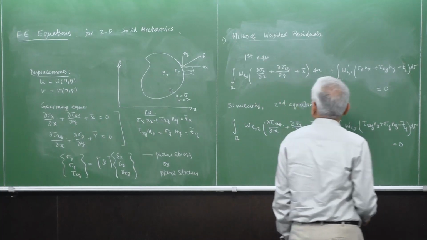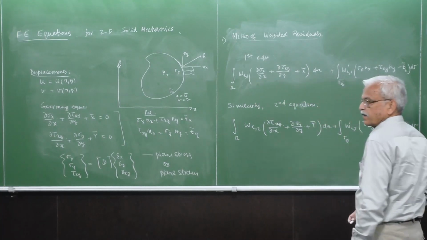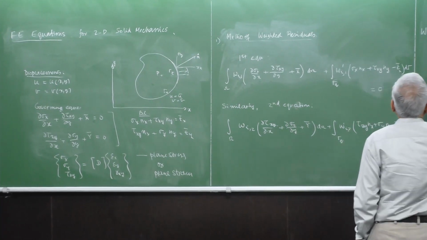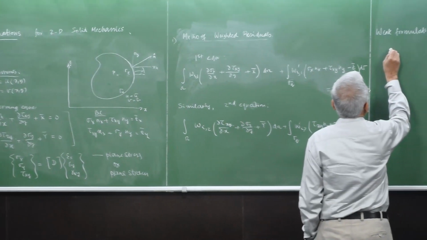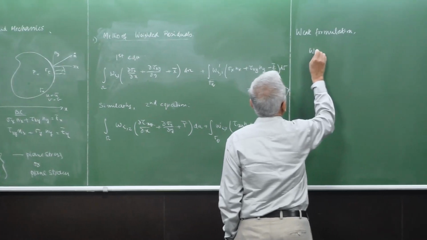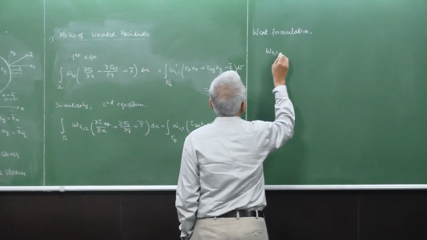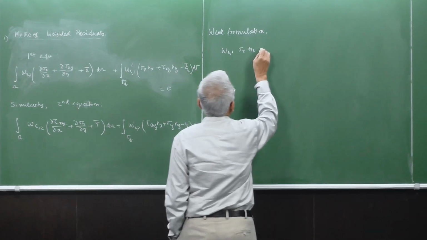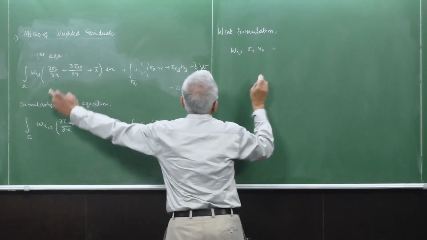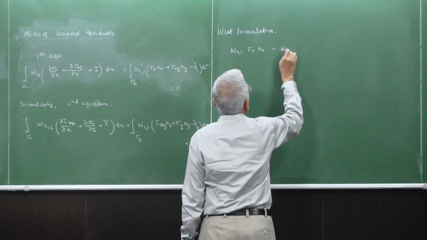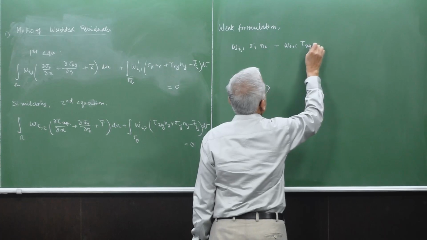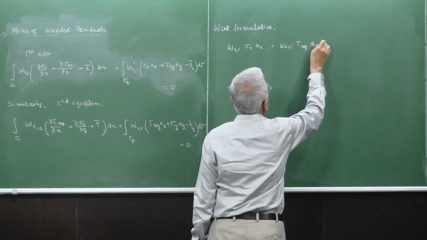So, what we do here is integration by parts using Green's lemma, just like we did in heat conduction. It looks like this: wi comma 1 sigma x nx is the first term, and the second term is tau xy ny.